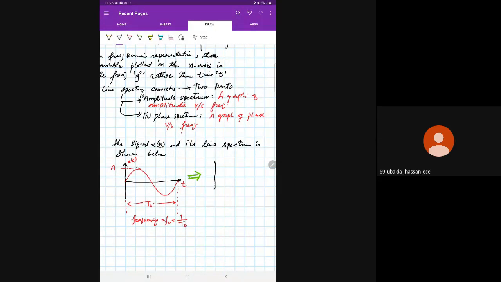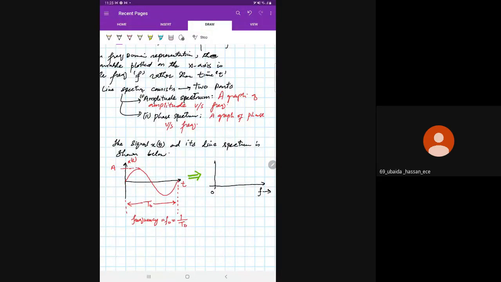Its amplitude spectrum would be something like this. This is 0 here. The axis we are plotting here is the frequency axis, so the signal is plotted against frequency. First, we'll be plotting the amplitude spectrum.